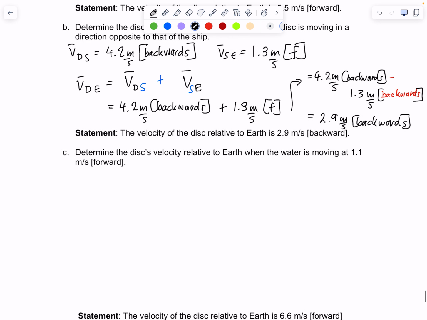In part C, we're going to throw in an extra frame of reference. Now the water is moving as well. So we know the velocity of the disk relative to the ship is 4.2 meters per second forward.